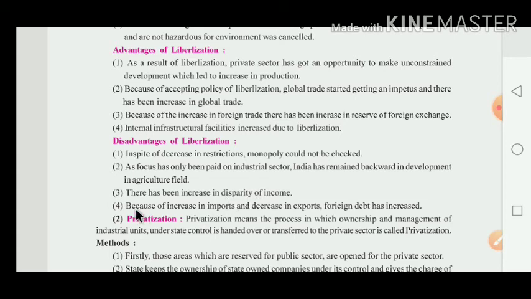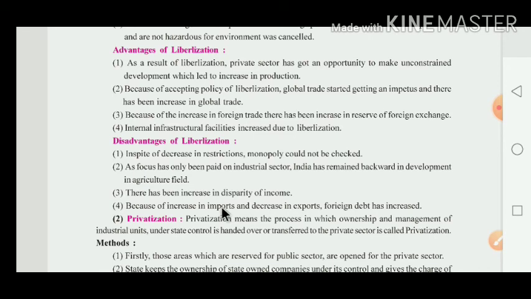Next, because of the increase in import and decrease in export, foreign debt has increased. Due to this policy, imports were increasing and exports were decreasing. What is the meaning of import? Import means our nation imports goods from another nation.